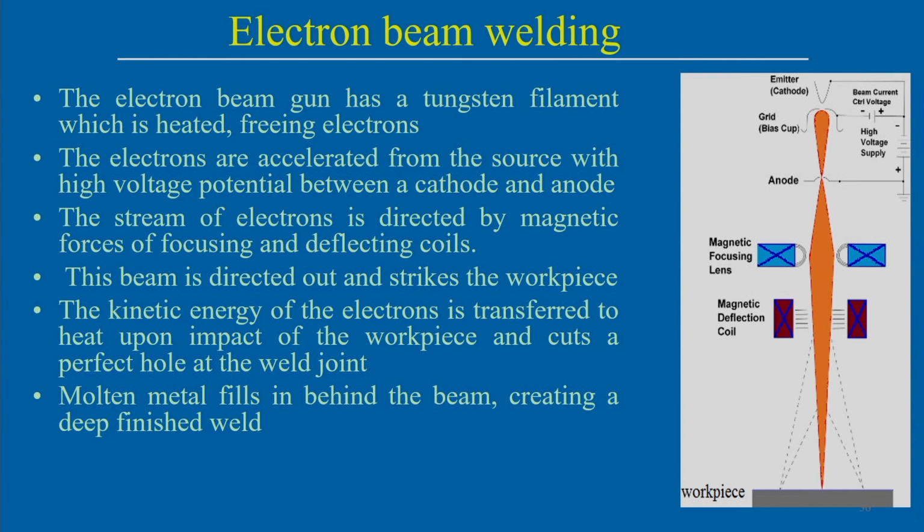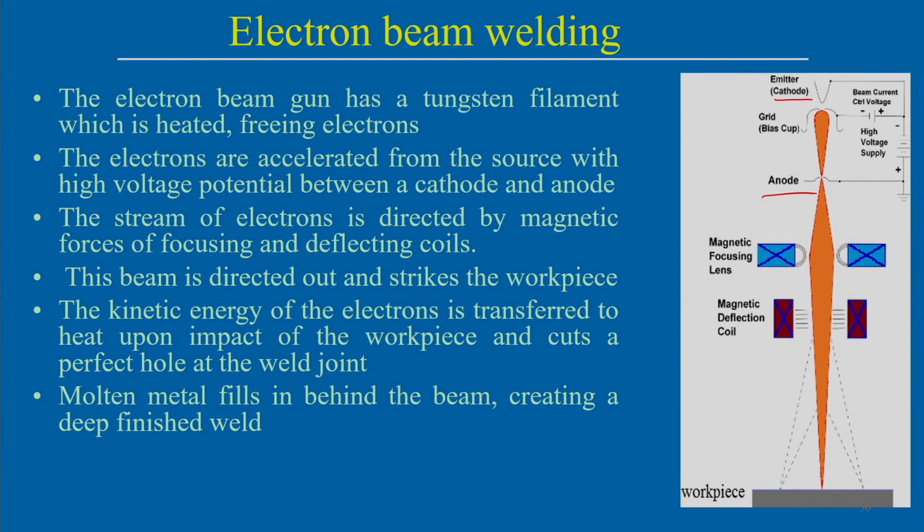Once the electrons are freed, they are accelerated from the source by using a high voltage potential between the cathode and anode. Between the cathode and anode a high potential difference is applied, such that the tungsten filament emits the electrons and they are accelerated by application of the high voltage. Here you can see from the figure that high voltage is applied.